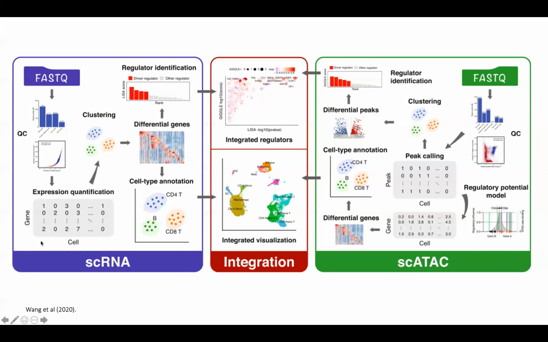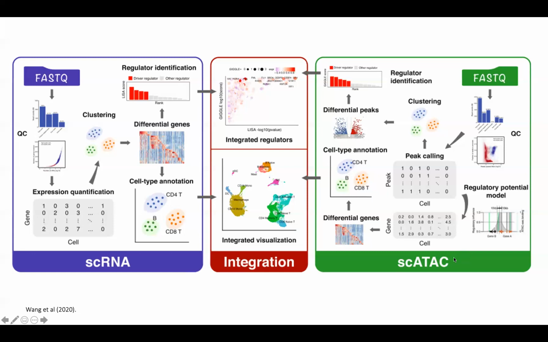It builds your cell gene expression matrix, performs clustering and differential expression analysis, and then a very interesting feature is that it will annotate cell types for you automatically. For example, if you have an immune cell data set, it might tell you these cells are B cells, these cells are CD8, these cells are CD4 T cells. That's a really interesting feature.